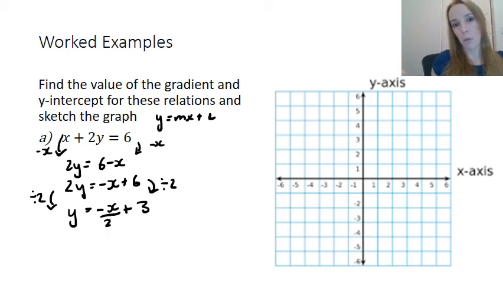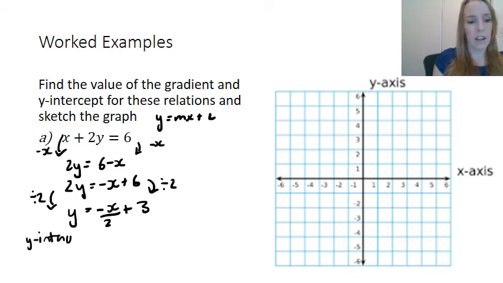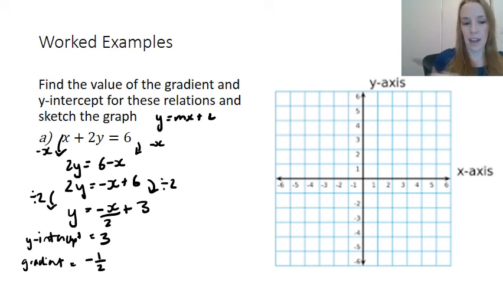So now we can actually work out our intercepts and our gradient. So our y-intercept is our c value, which is on the end there, which is 3, and our gradient is -1 over 2, so -1/2 x.